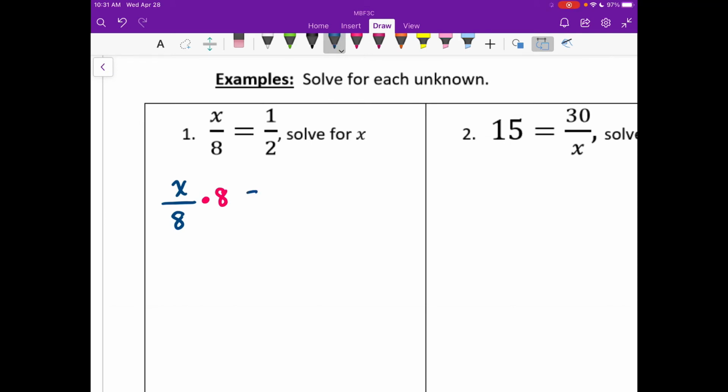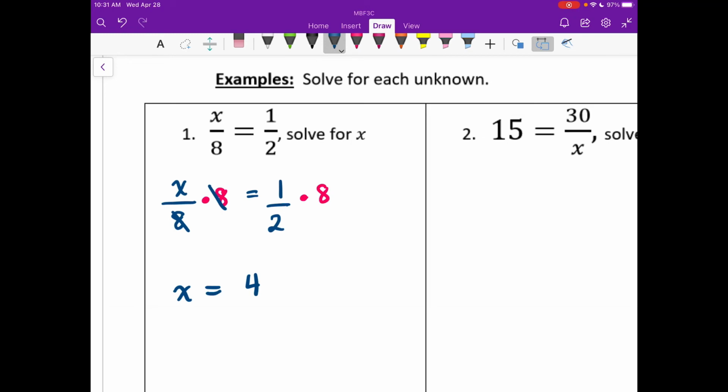Whatever I do to one side, I have to do to the other, so both sides are multiplied by 8. This will just cancel, so I'll be left with x. X is equal to 1/2 times 8, which is just 4. So I know that x is equal to 4. That's one way of doing this.